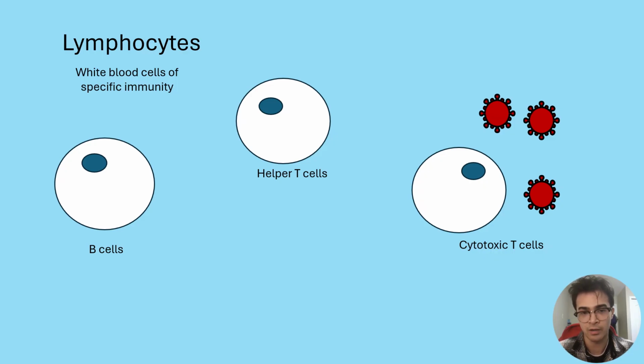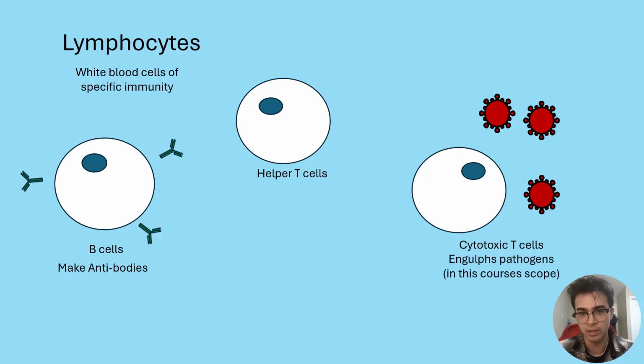We start on the left with our B cells. B cells are important because they make the antibodies, which we talked about in the previous animation. Cytotoxic T cells engulf viruses or pathogens.